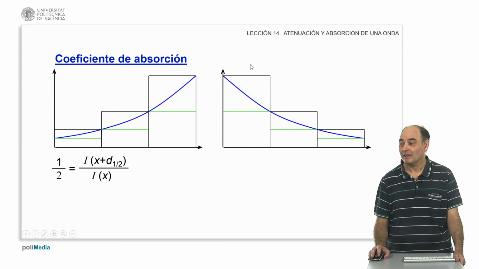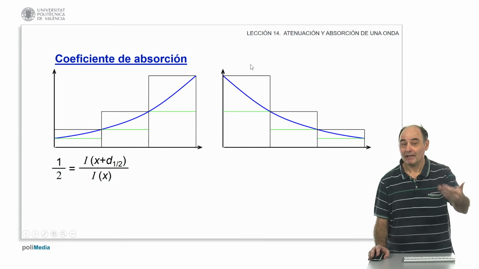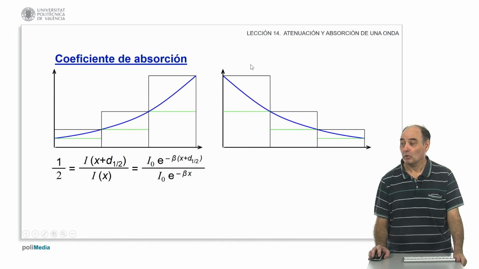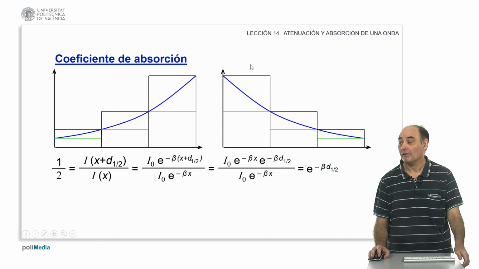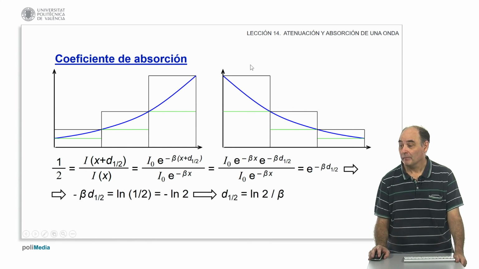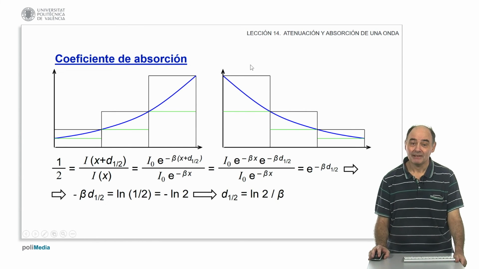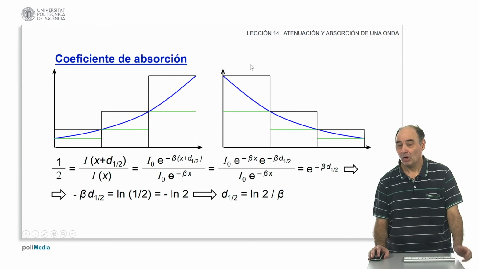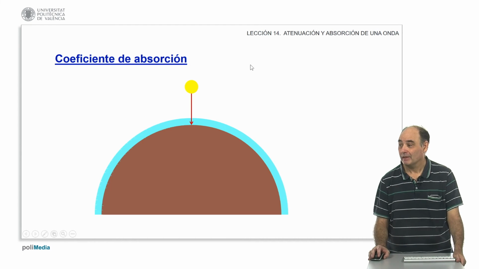Well, if we have a certain distance x, there is an intensity, and we want to know at what distance from there we have half, we only have to do the substitution, and you can easily check that I have a result that does not depend on x, which is fixed. In fact, solving, we can check that this distance is the logarithm of 2 divided by beta. If beta is 0, the distance is infinite because it never becomes half, it remains. The larger the absorption coefficient, the shorter the length at which we have half, the faster everything is lost.